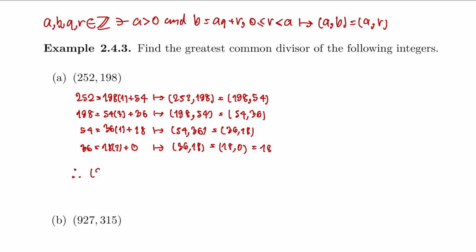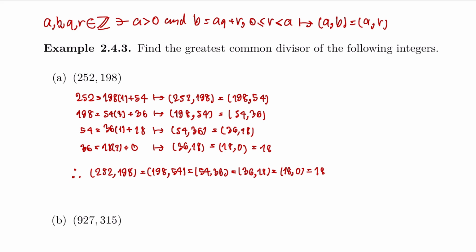Therefore, the greatest common divisor of 252 and 198 equals that of 198 and 54, equals that of 54 and 36, equals that of 36 and 18, equals that of 18 and 0, which is 18.